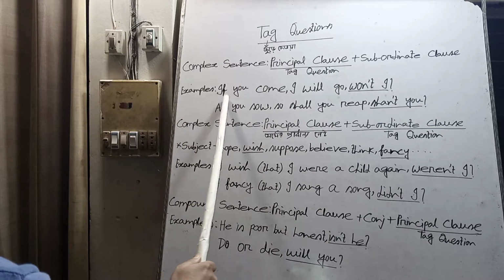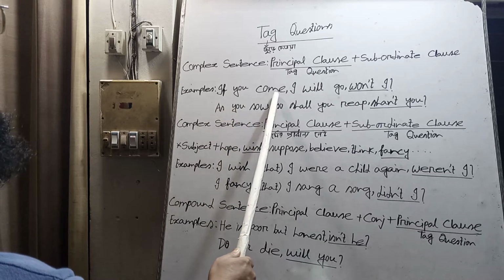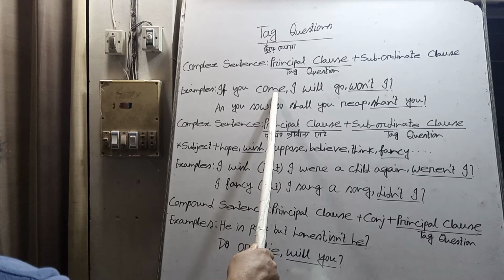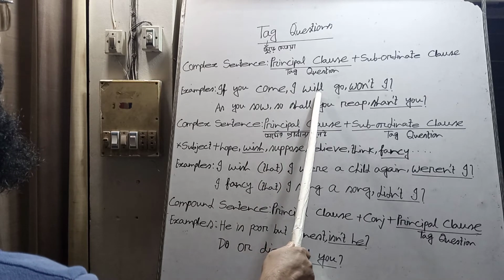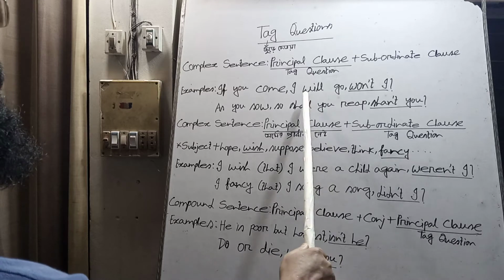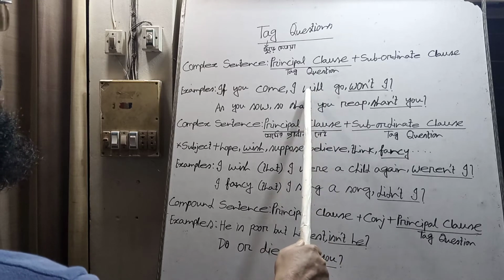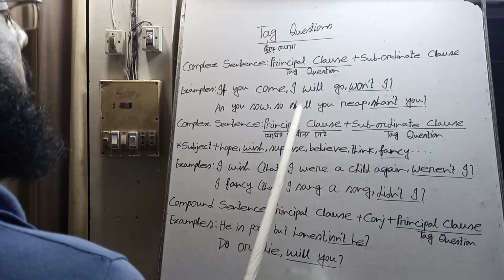For example, "If you come, I will go." If is the conjunction here, you is the subject, come is the present form of the main verb, comma, I is the subject, will is the auxiliary verb here, and go is the finite verb, the base form of the main verb.